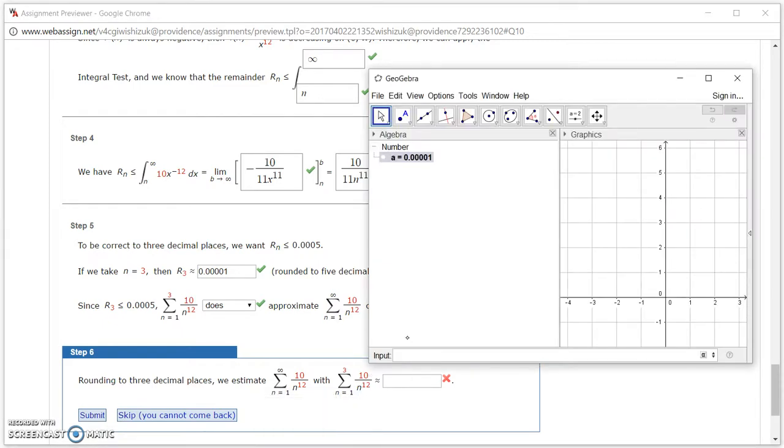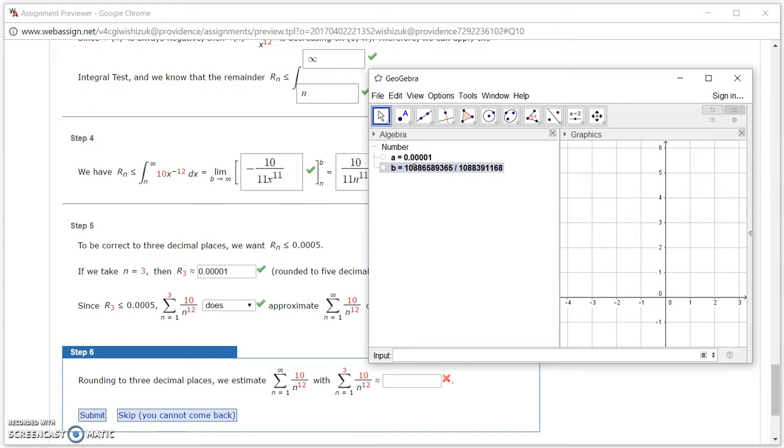So it's going to be 10 over 1 to the 12th power, which is just 1, plus 10 over 2 to the 12th power, and then plus 10 over 3 to the 12th power. So you have just the first 3 terms there.